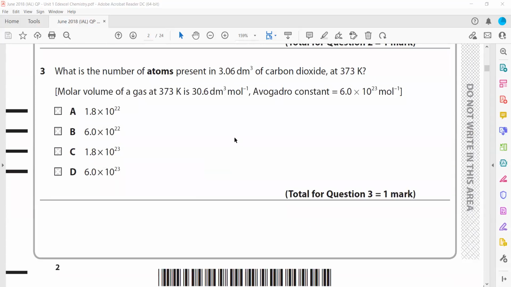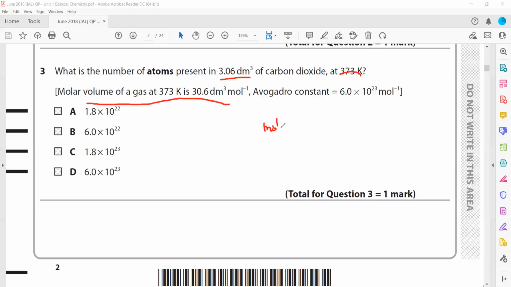Then, what is the number of atoms present in 3.06 dm³ of carbon dioxide at 373 Kelvin? First, this is a volume, so we should get the moles using the molar volume. Normally, molar volume is 24 dm³, like 1 mole of gas occupies 24 dm³. But when the temperature changes, the molar volume also changes. So they give you the molar volume as 30.6.